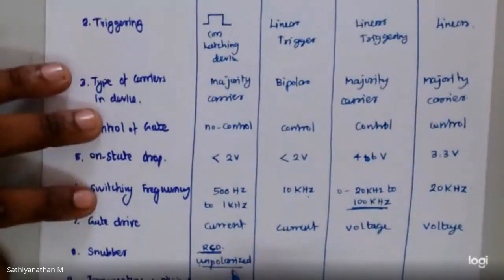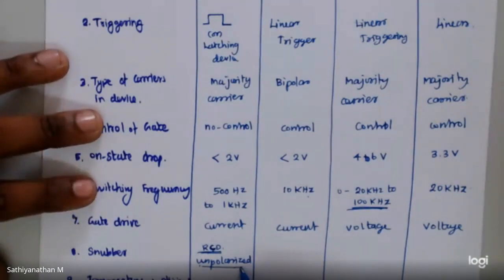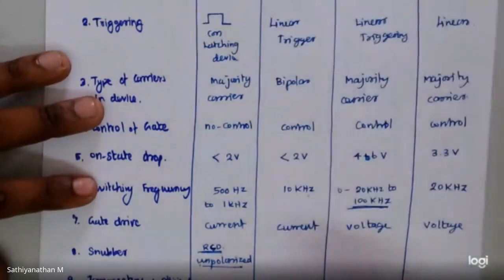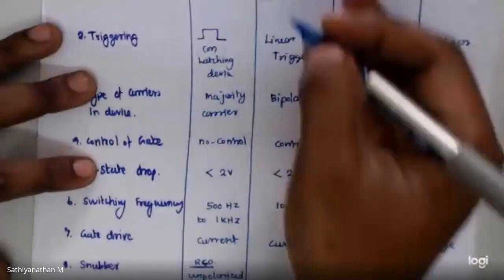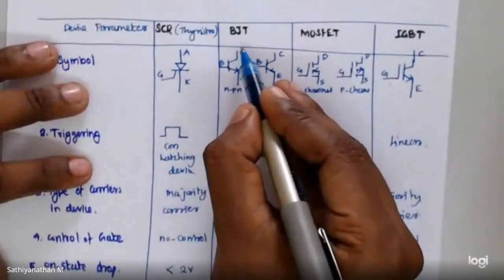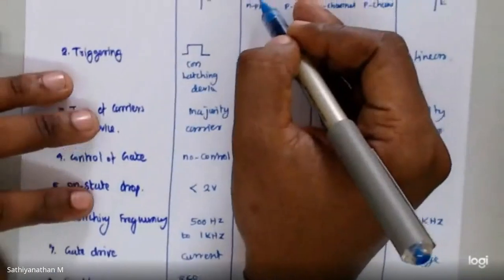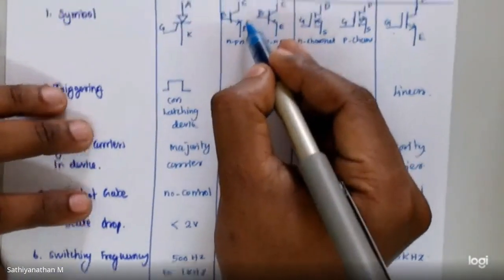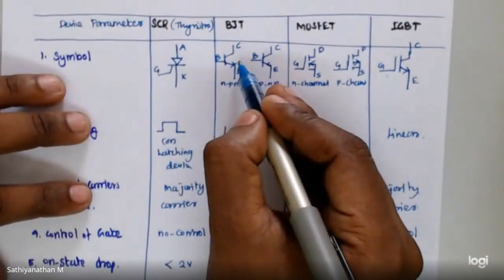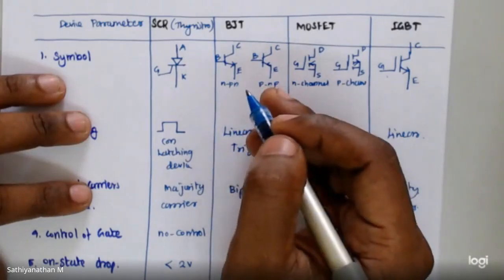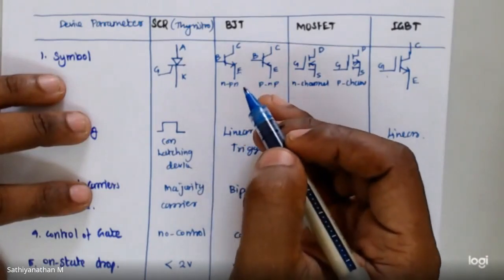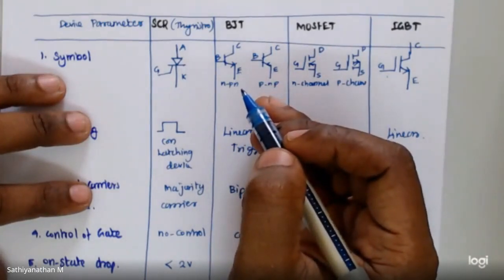So the SCR has unpolarized devices in this snubber circuit arrangement. And for BJT, it is used for AC control application. And so if you connect a capacitor across the device, RCL, L cannot be used in a snubber circuit. RCD, resistor, capacitor, and diode.